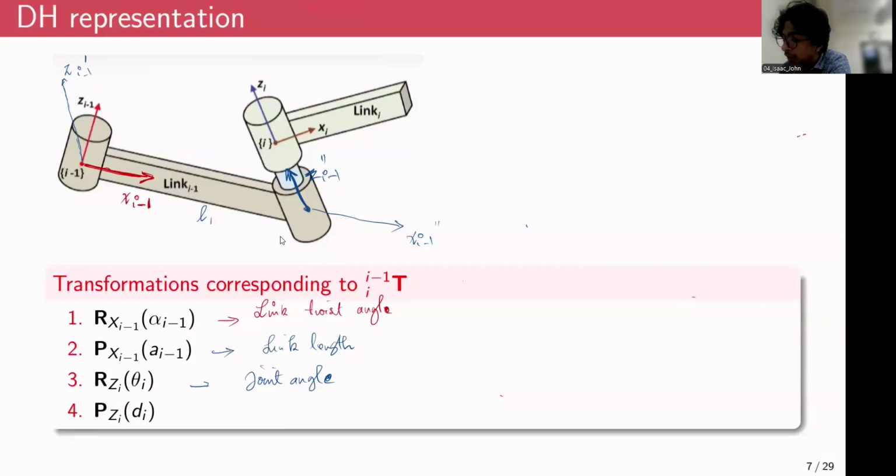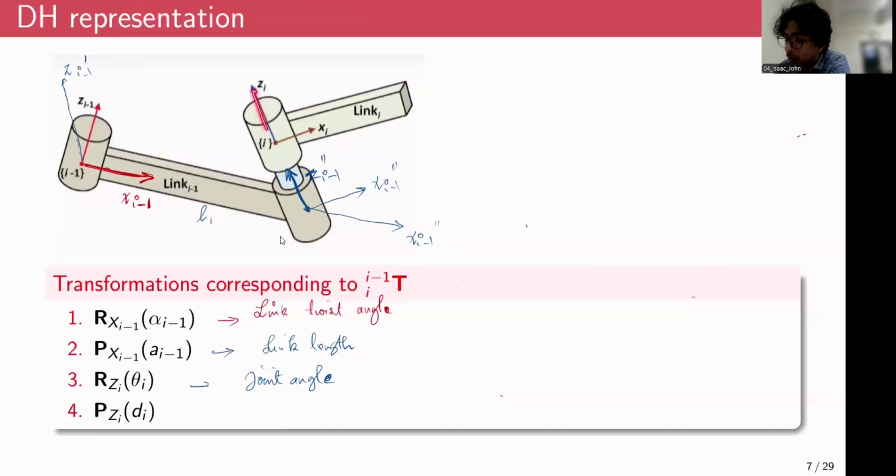So once we do that, the orientation of xi minus 1 will now be matching with xi. So I'll label it like so, xi minus 1 triple dash, but zi will still be the same, right?